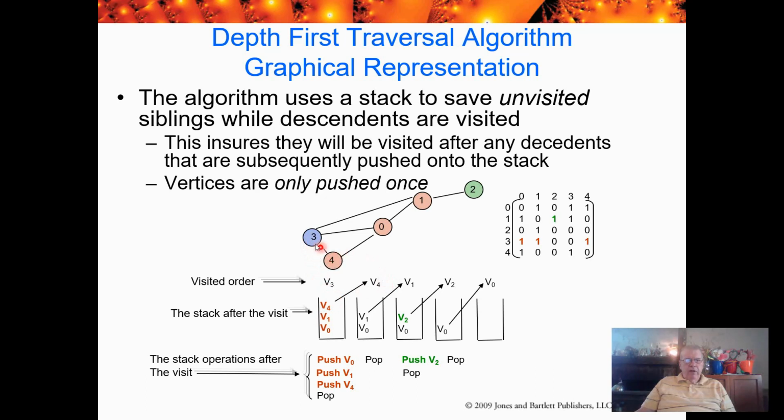Now there's nothing more to push from vertex 4, so you pop the next element and visit V1. But at V1 you also have V2 that you can visit, so you push that and then pop it, and then you pop V0. So that represents a depth first traversal. Use a stack.